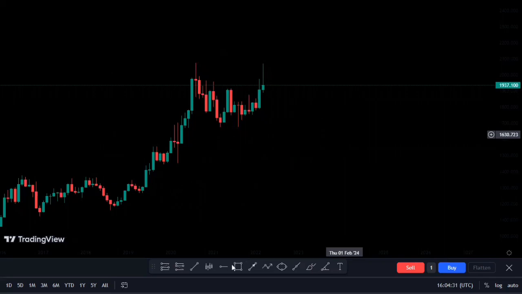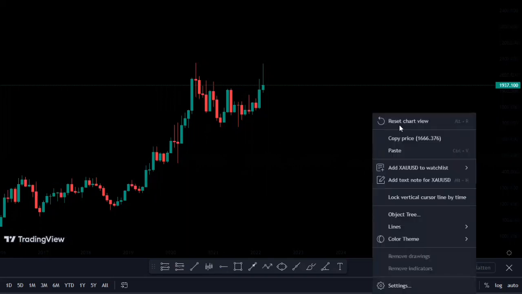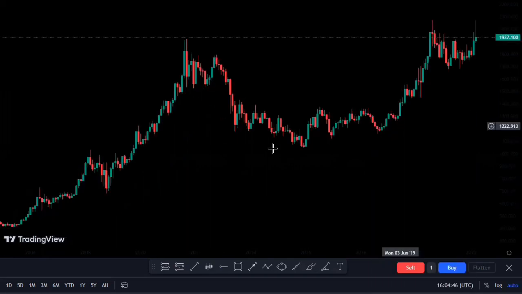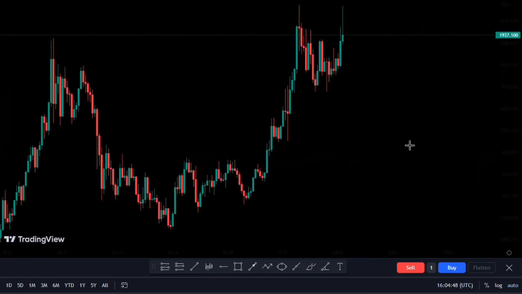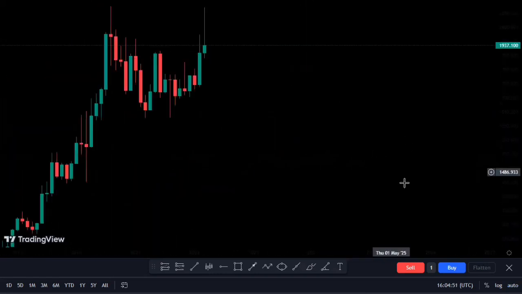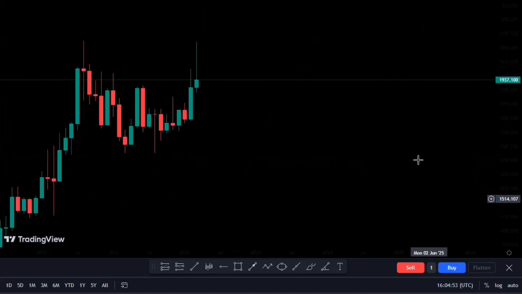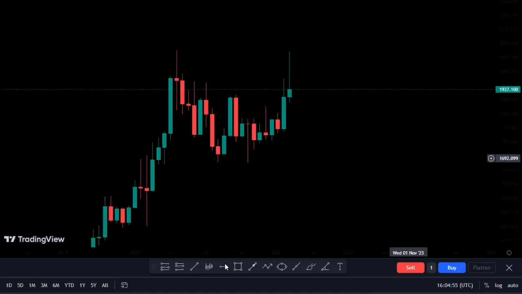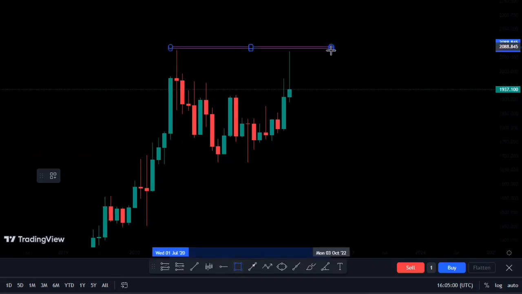For my bigger picture, like I said, we use our horizontal lines to outline the highs and the lows of the structure. As you can all see, I can use the horizontal box to outline this, but it won't be clear and I won't be happy with it.